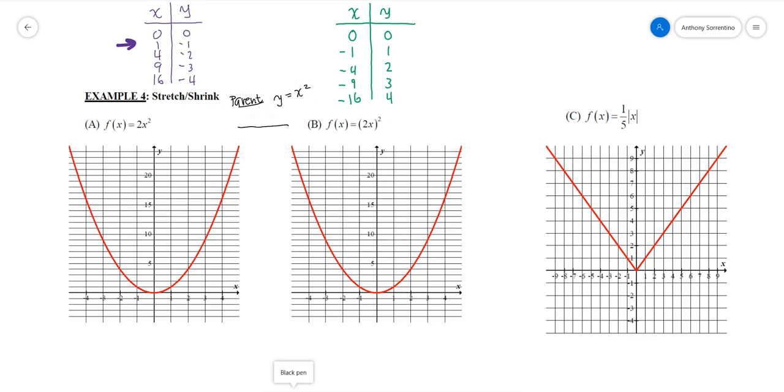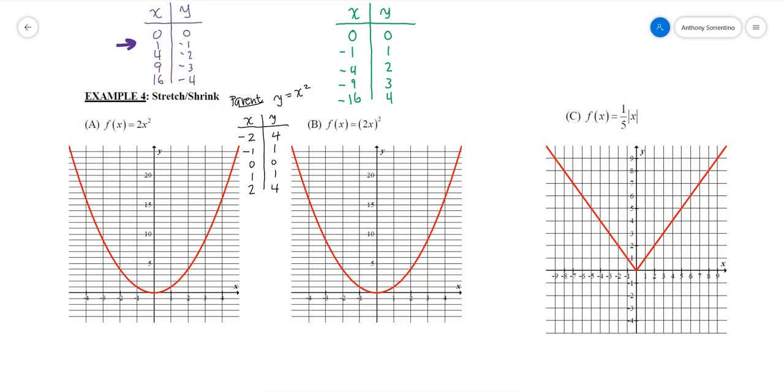In my table for that, I'm just going to go -2, -1, 0, 1, 2, and each of those is going to be squared. You can go a little further with it if you want. You can go as far as you want with it, as long as you can produce x and y values rather quickly. It doesn't matter.